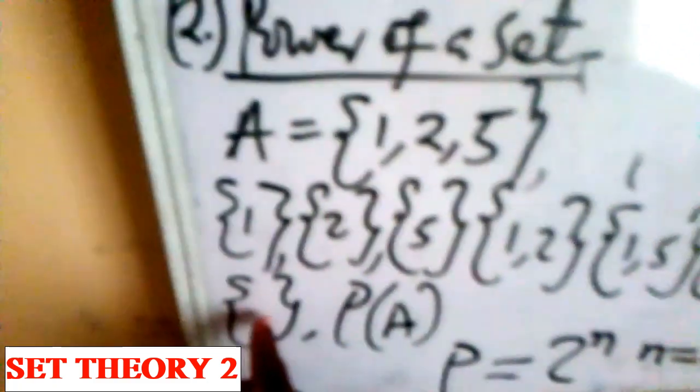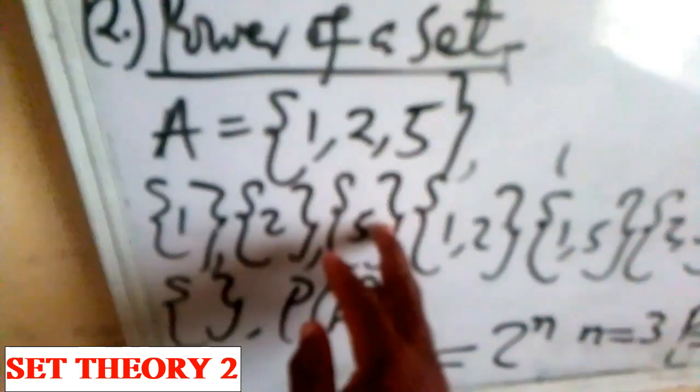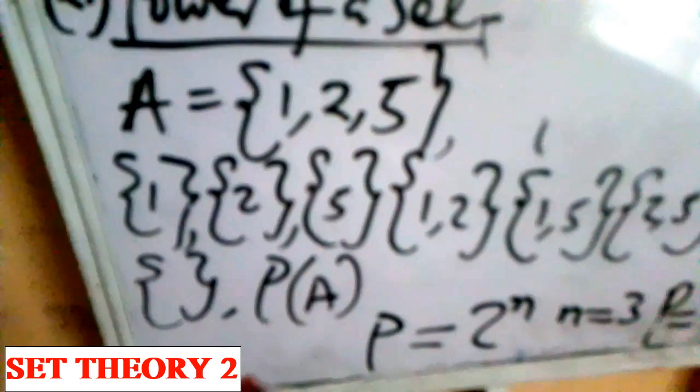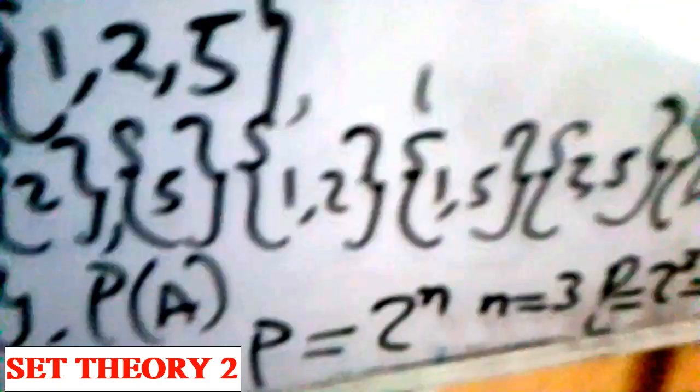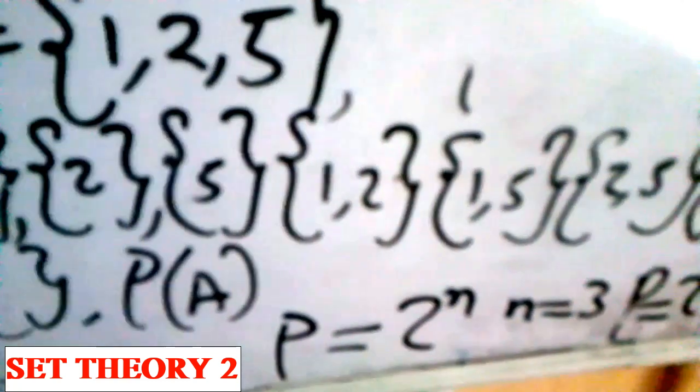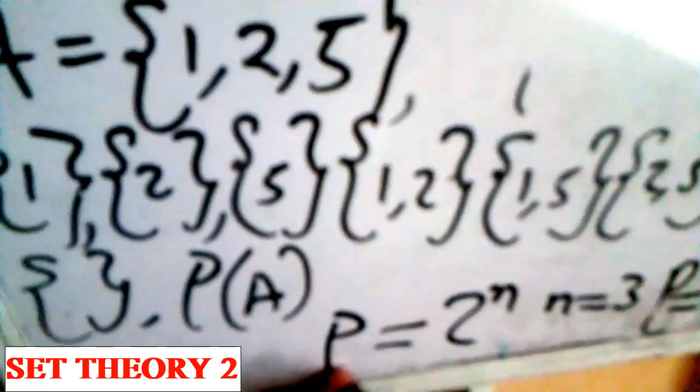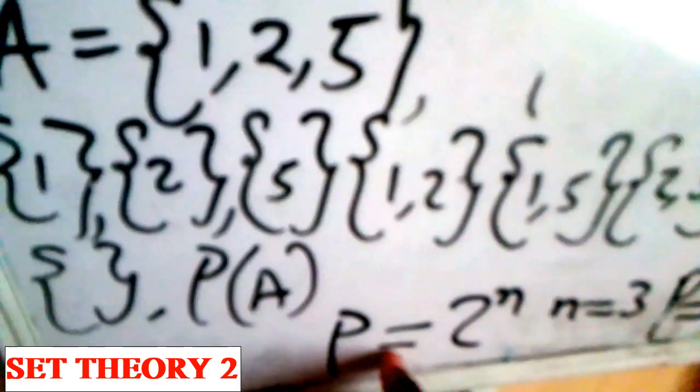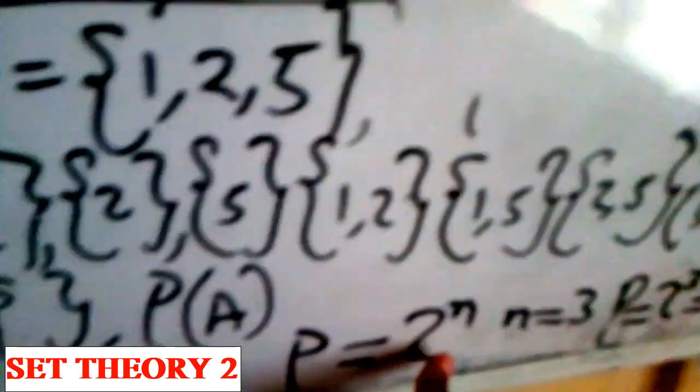If you count the number of subsets we have produced from this set, we have 1, 2, 3, 4, 5, 6, 7, 8. So this set with 3 members can produce 8 subsets. There is a formula we use to calculate the number of subsets produced by a set, which is P equals 2 raised to the power n, where P means power set and n is the number of elements.